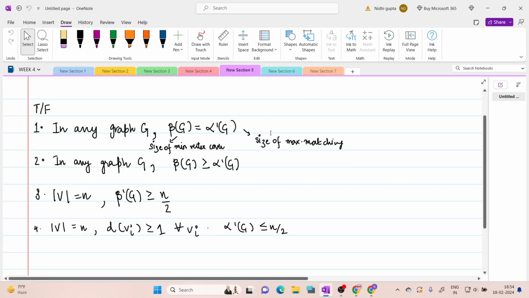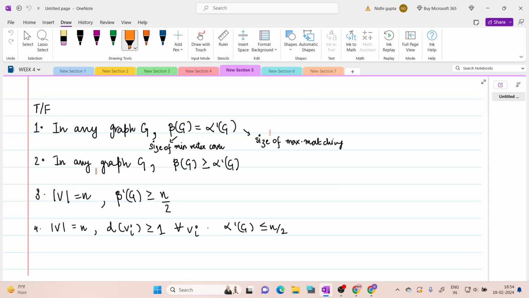So we had this theorem for bipartite graphs. For a bipartite graph, the size of the minimum vertex cover is equal to the size of the maximum matching.